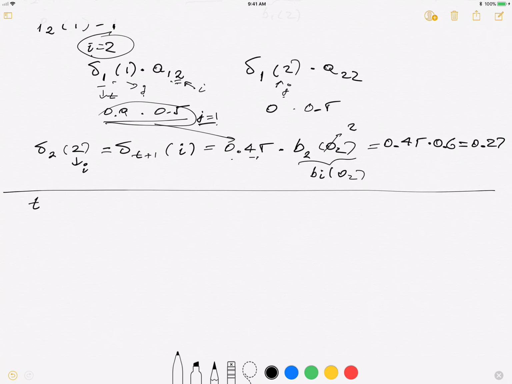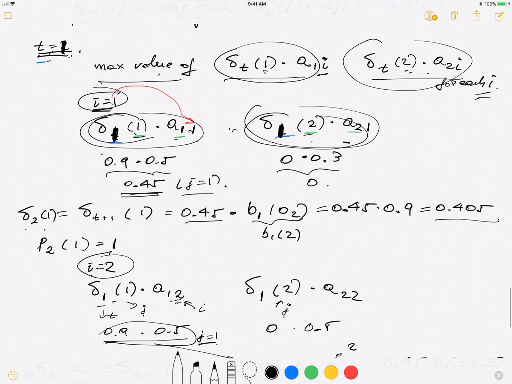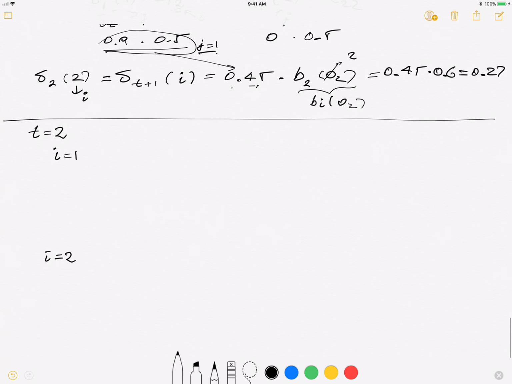So when t is equal 2, I again need to do the work for I equal 1 and for I equal 2. For I equal 1, I need to compare delta T1 times A1 1 and delta T2 times A2 1.